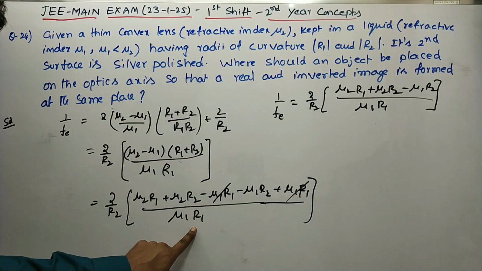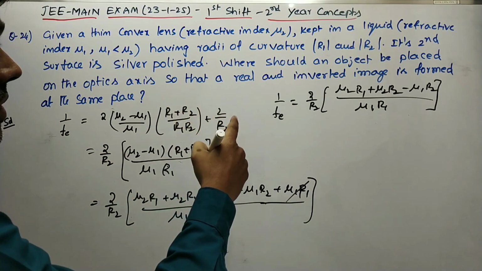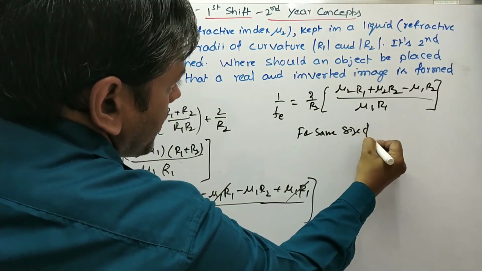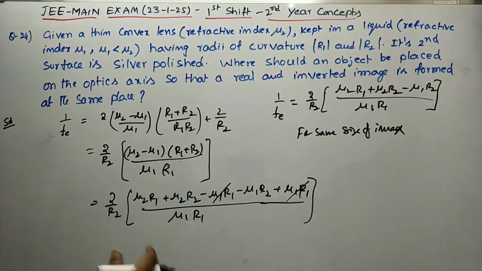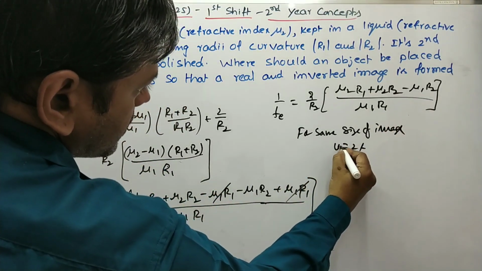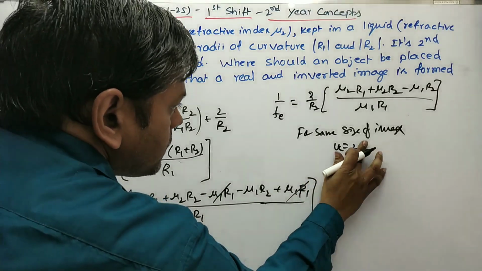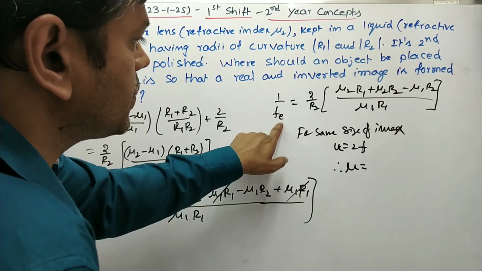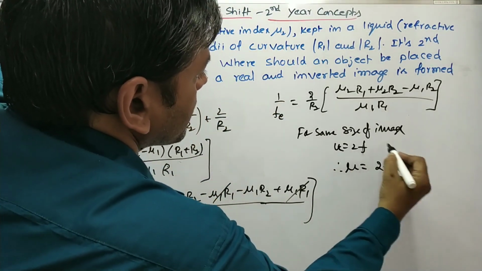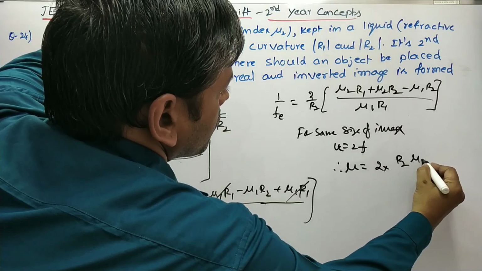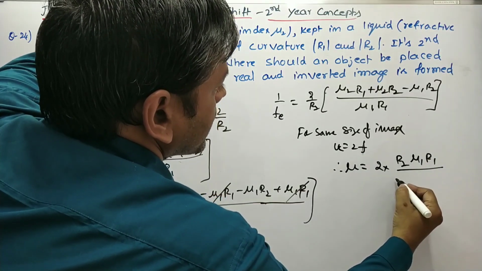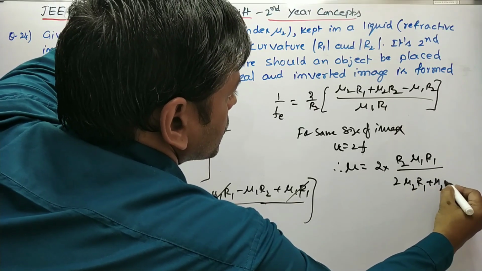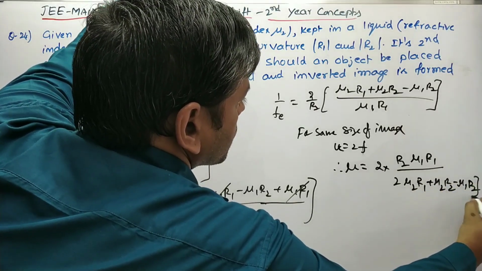From what is given, the same size of image is formed. For the same size of image, U is equal to 2F, so U is equal to 2 into FE, which gives R2 mu1 R1 by 2 into (mu2 R1 plus mu2 R2 minus mu1 R2).